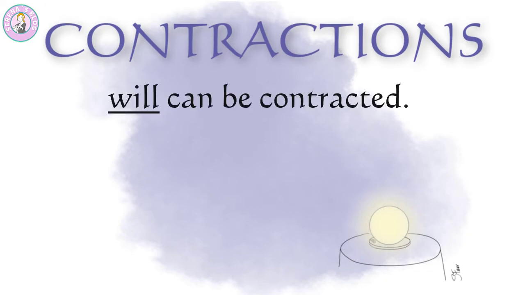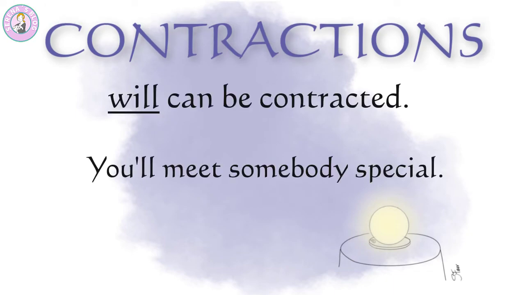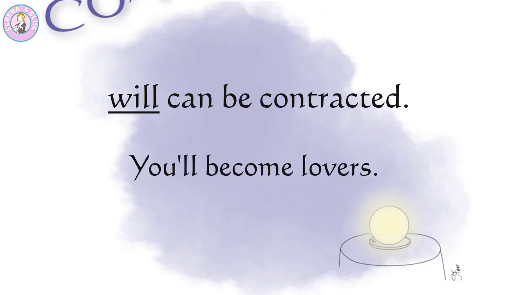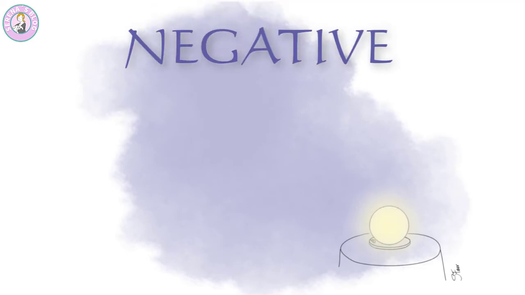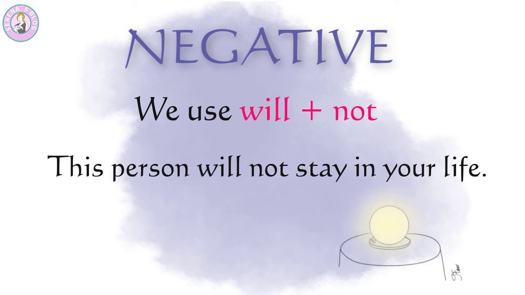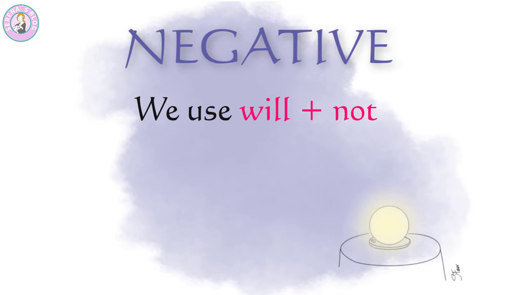Contractions. Will can be contracted. You'll meet somebody. You'll become lovers. Negative statements. We use will plus not, like in this person will not stay in your life.